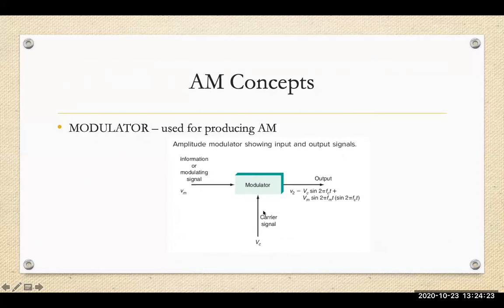And carrier signal, ito yung two inputs. Yan. And the resulting outputs, as you can see here, yung V sub 2 natin, ito yung AM natin, or amplitude modulated wave, right? Okay, so amplitude modulators compute the product of the carrier and modulating signals.